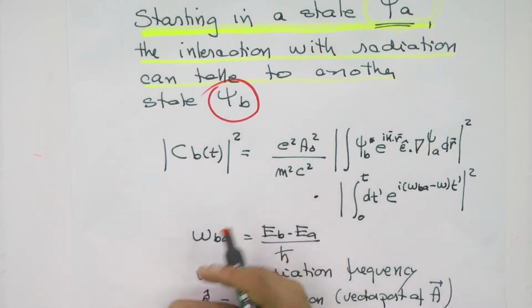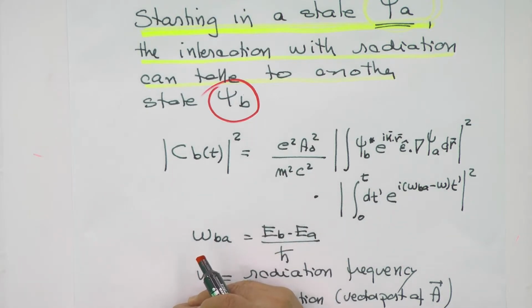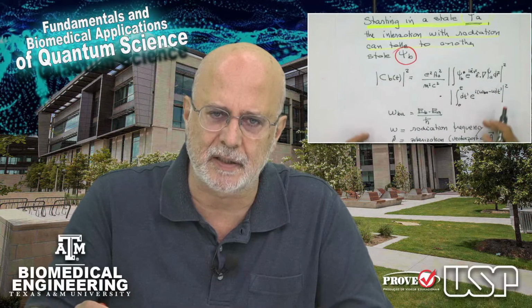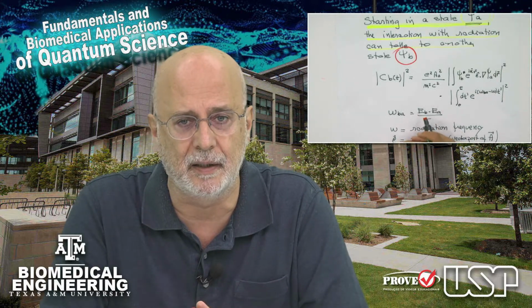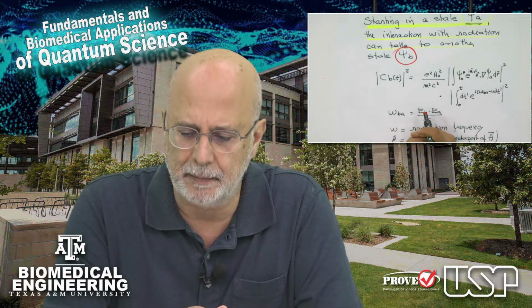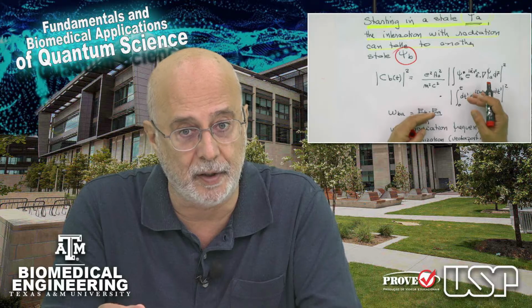And then there are many other steps we can do, and we end up, after this calculation, which I'm not doing but is easy to find in many books, but for lack of time I'm not doing it in detail.